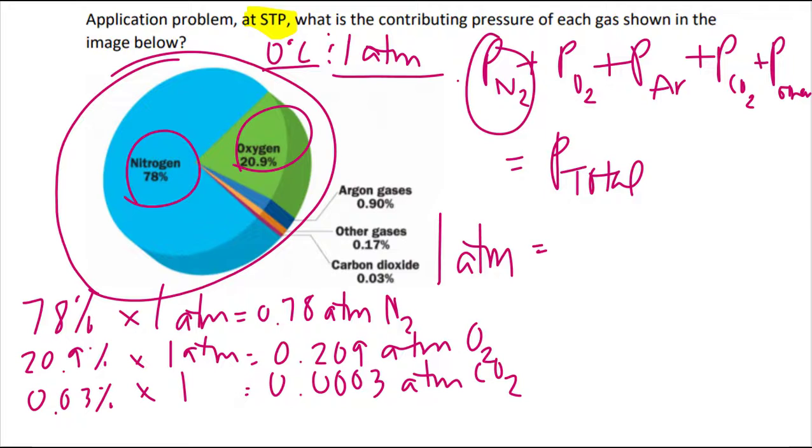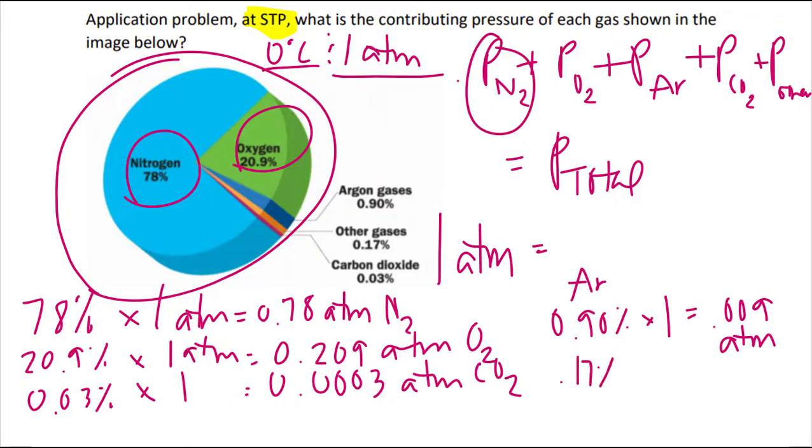Argon is 0.90% times 1, which is 0.009 atm. And finally, my other gases would be 0.17% times 1, 0.0017.